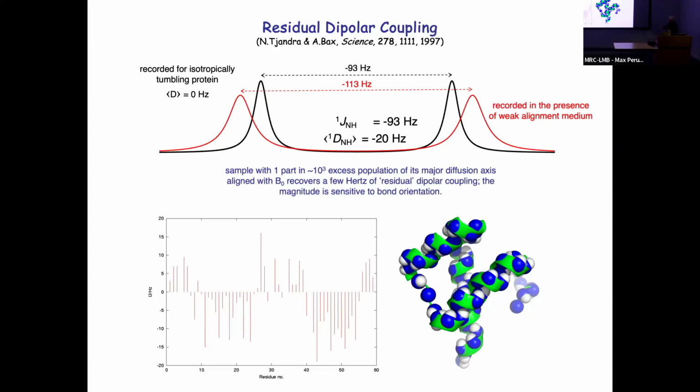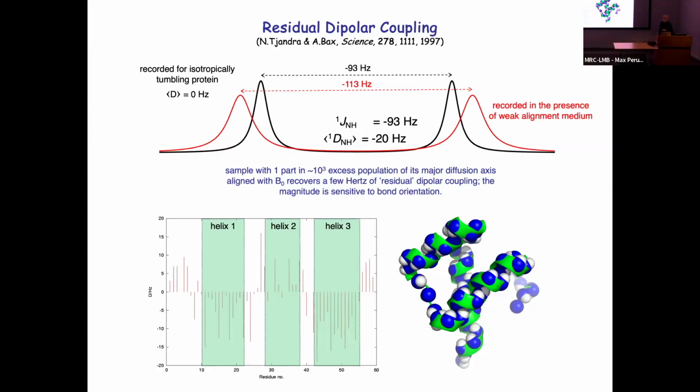So what we would expect is a whole stretch of these residual dipolar coupling values for the NHs that are of similar magnitude because they're similarly aligned with the helix. And actually, when you put the helix boundaries on there, you can see RDCs are really useful for giving us structural information about how different elements of secondary structure are aligned in a molecule.